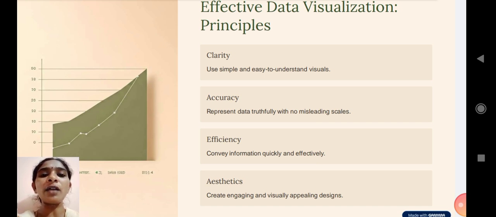Using data visualization, we extract information from the structured data and visualize the document.